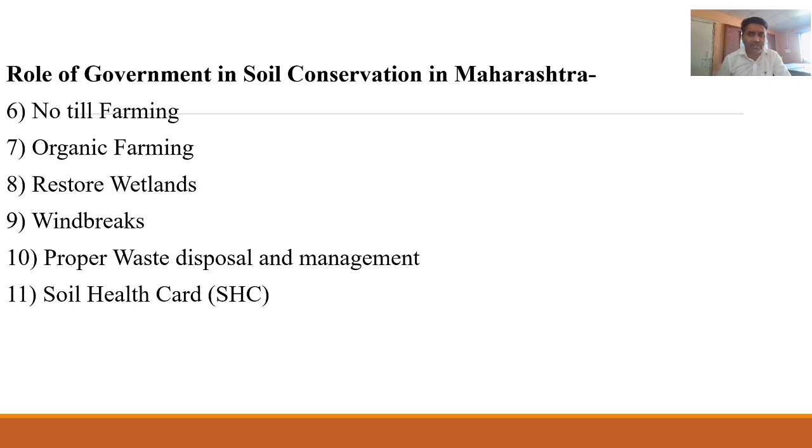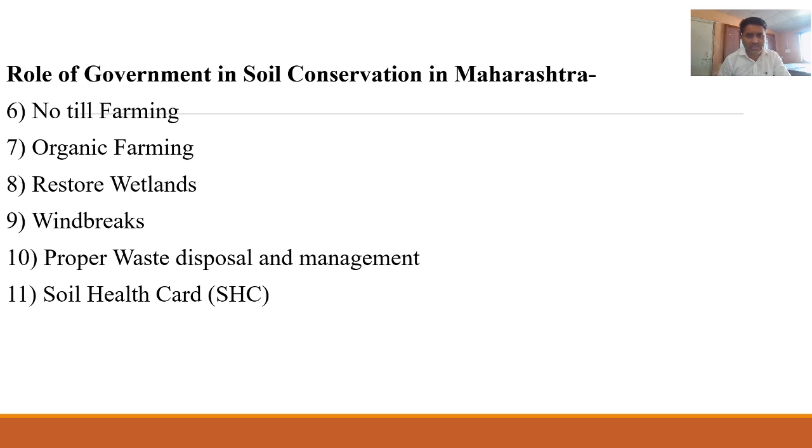Next one is restoring wetlands. As you know, somewhere there is a storage of water, these become wetland, and if there is storage of water throughout the part, this land becomes useless for production. Nowadays the government of Maharashtra has started to restore the same lands. Restore in the sense they get repaired in many ways.